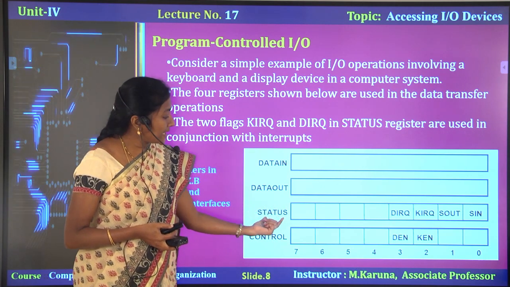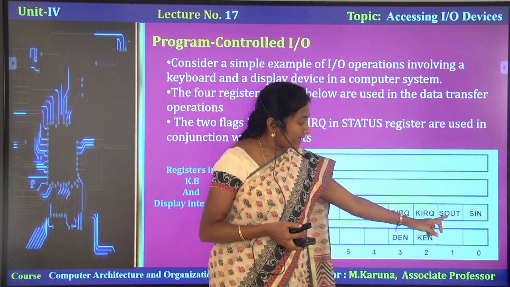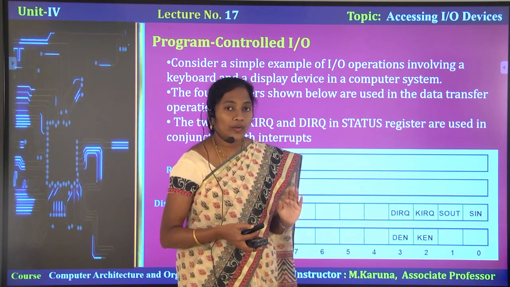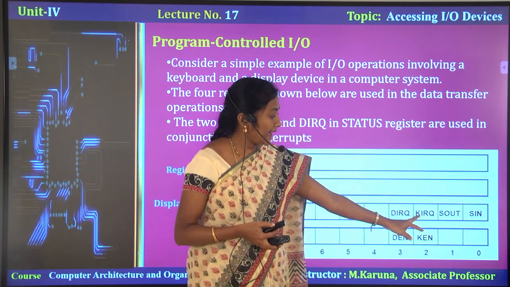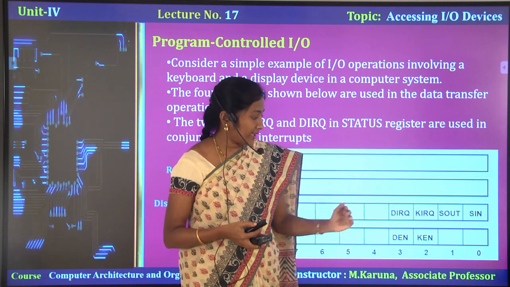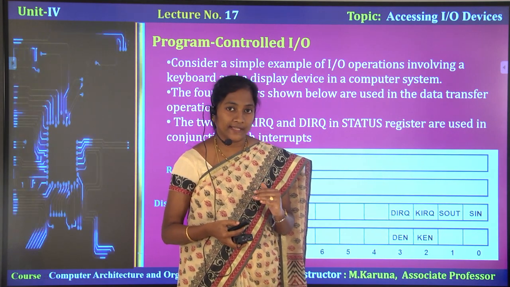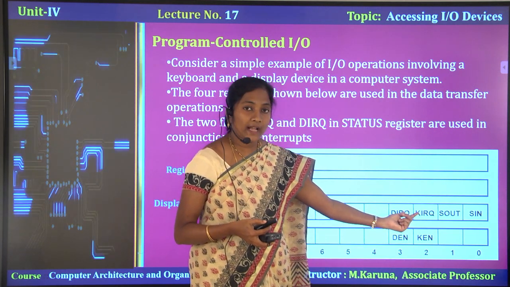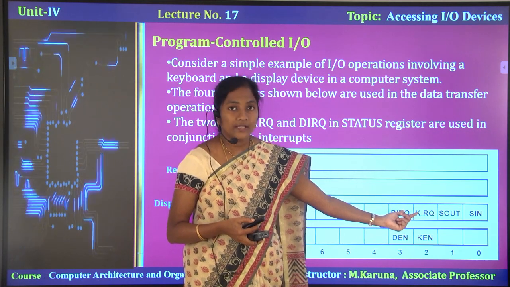Now the status register contains SIN, SOUT, KIRQ, DIRQ. You already know SIN, status in, and SOUT, status out. KIRQ is the keyboard interrupt request signal, and DIRQ is the display interrupt request signal. These two kinds of signals are used in conjunction with the interrupt signals.